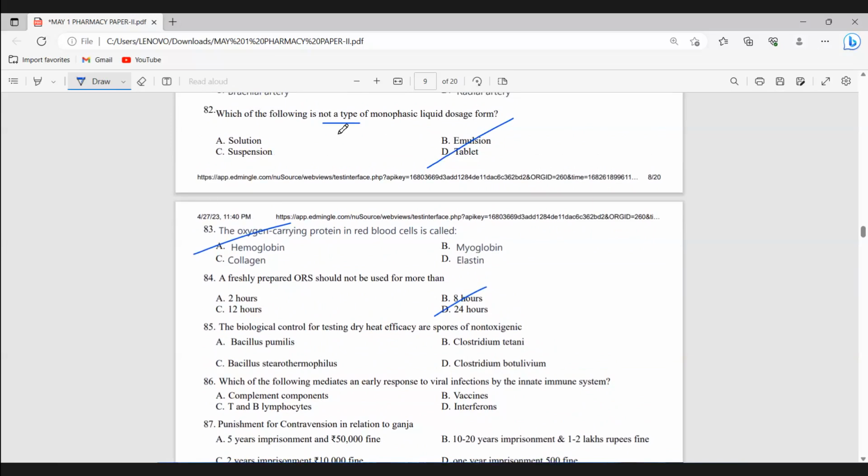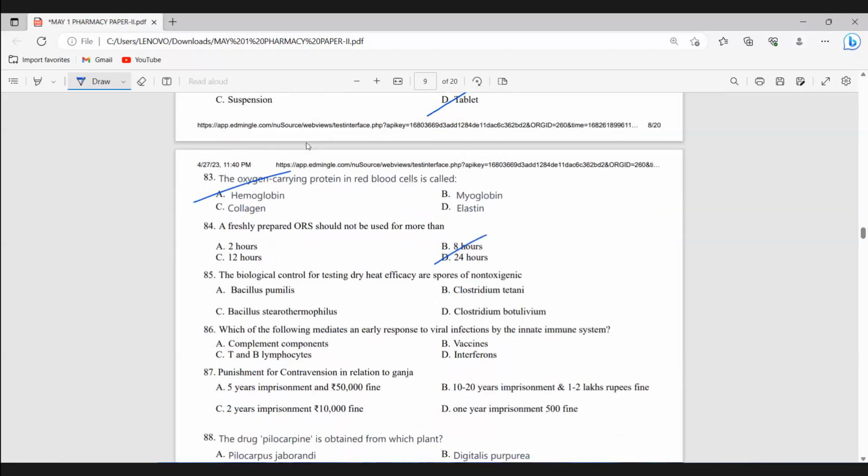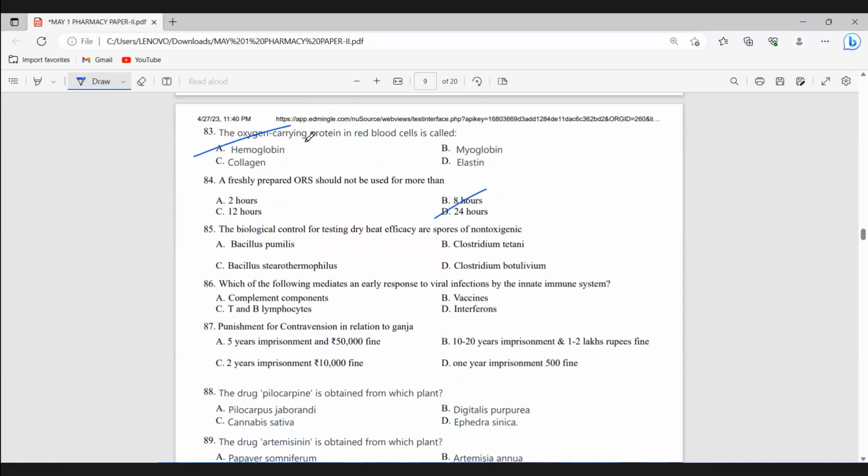Even emulsions and suspensions, these are biphasic. So here you have to cut the not. Type of liquid dosage form means solution would be correct. These are biphasic, emulsions, suspensions. They had given you the question wrong. Today there are many key mistakes.